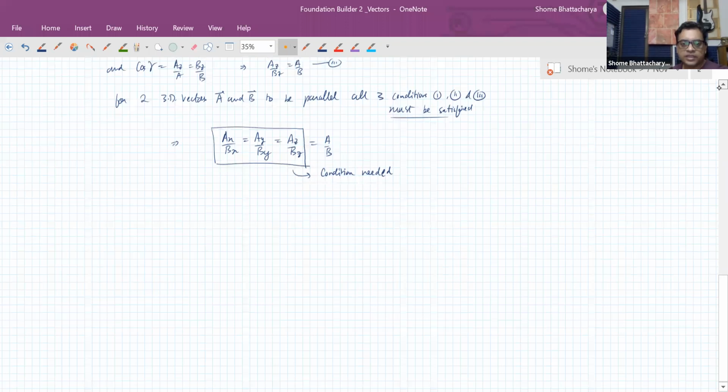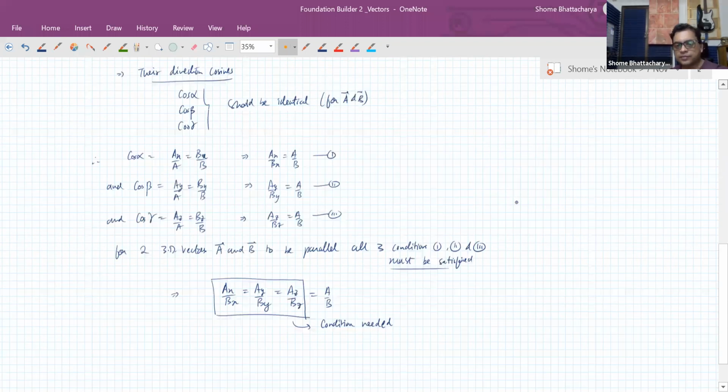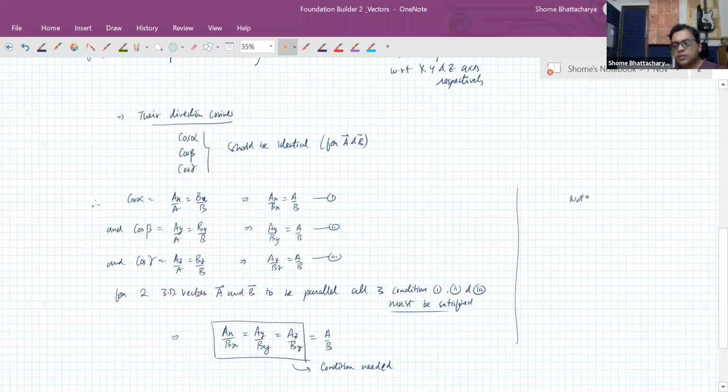Now, in 2D, it reduces to just Ax upon Bx is equal to Ay upon By. Okay. So if this were for 2D vectors A and B in xy plane, okay, parallel condition gets somewhat simplified.